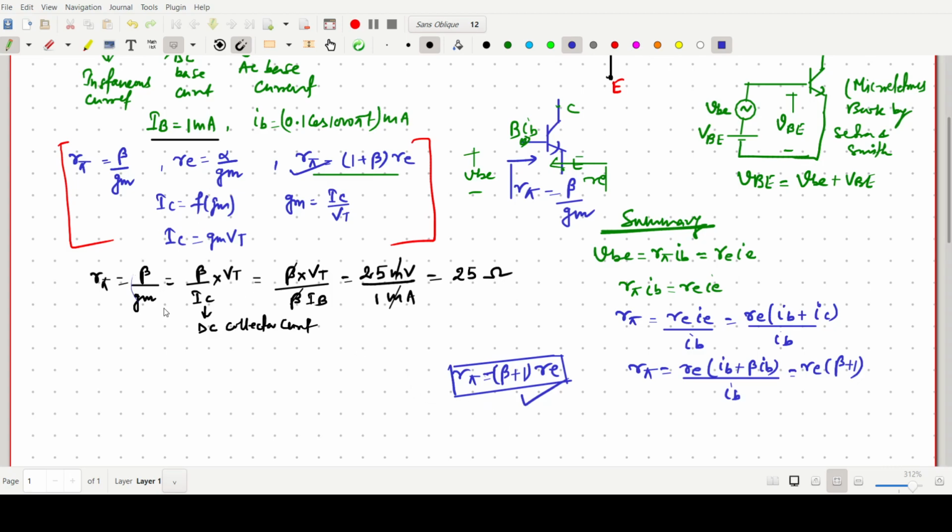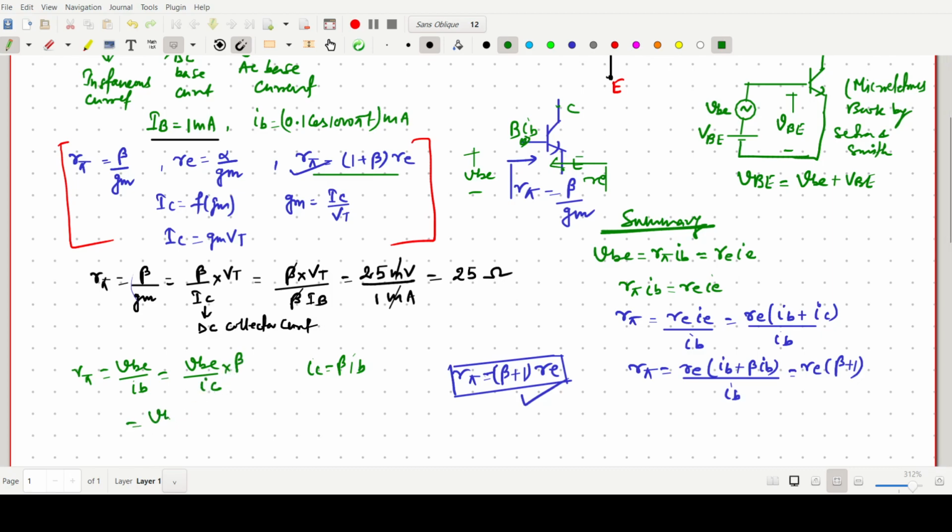One more thing I want to discuss because we have sufficient time. We already know R pi equals VBE by ib. In the small signal model, we can write VBE as it is, and ic equals beta ib, so one can write ib equals ic by beta.